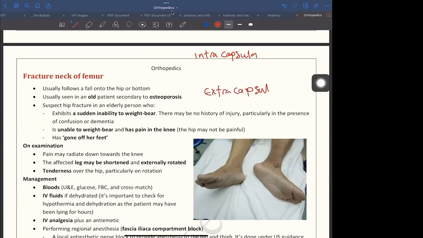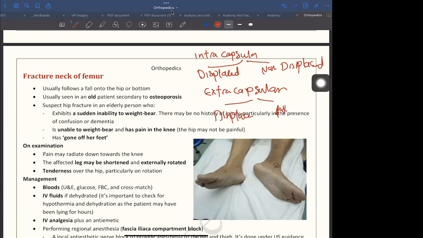The second thing that you need to say is whether it is displaced or non-displaced. This is the NICE guidelines differentiation, and it differs in the management, okay? Non-displaced.